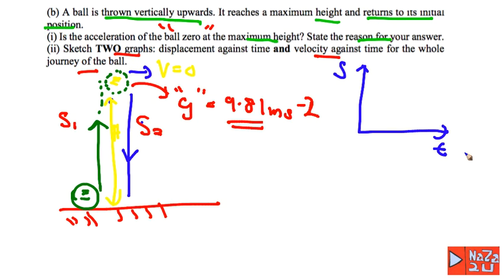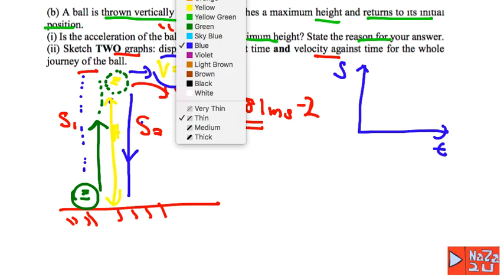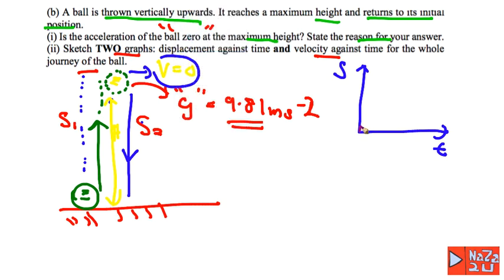So for the displacement s versus time t, for the first part here, if you throw the ball upward, the velocity decreases, and the final velocity is equal to 0 at the maximum height. So if you draw the graph s versus t, we have a curve graph. This is the first part, and the second part is at the maximum.